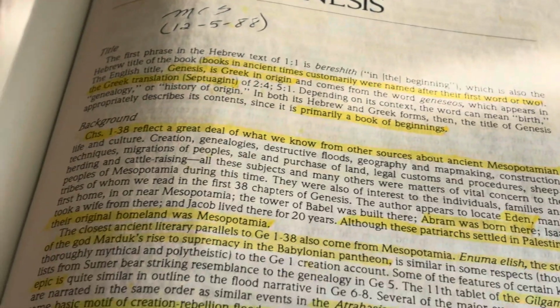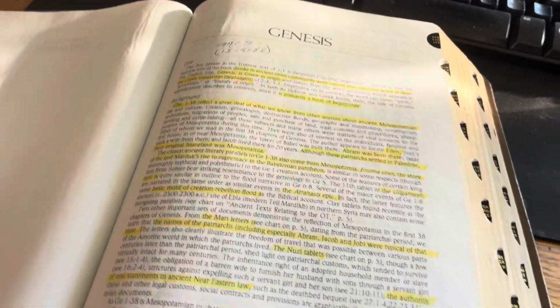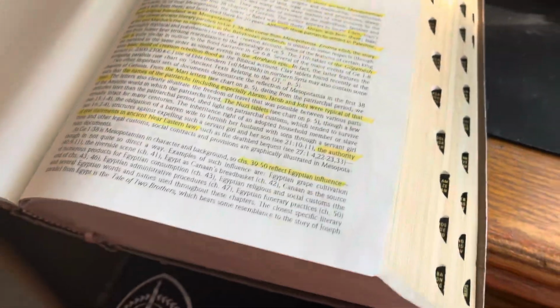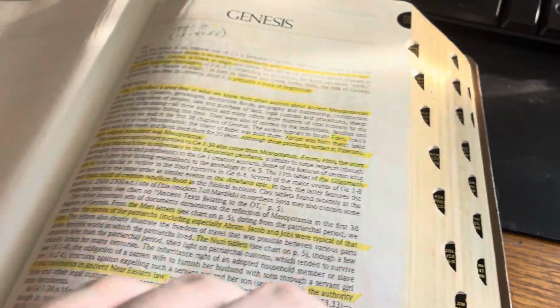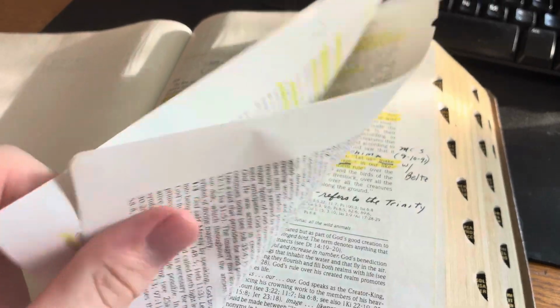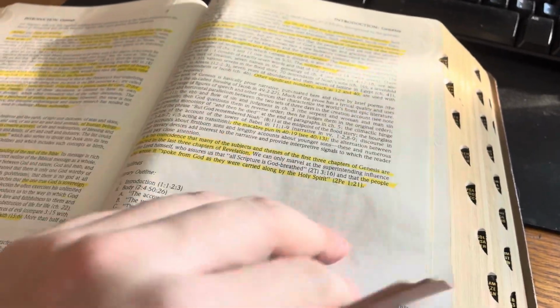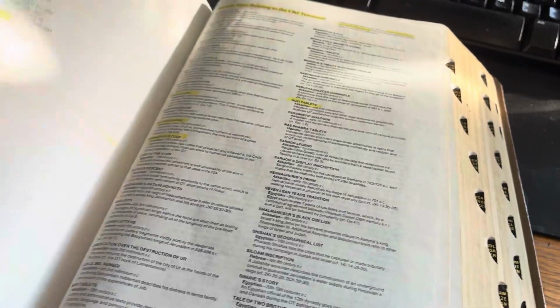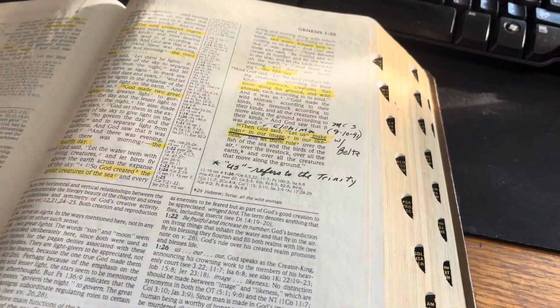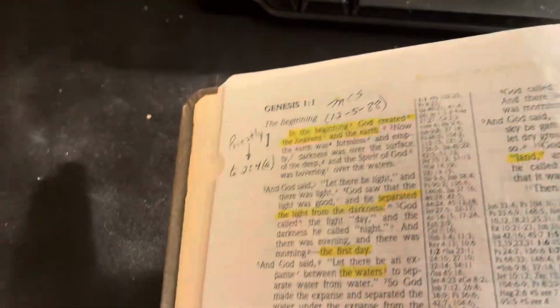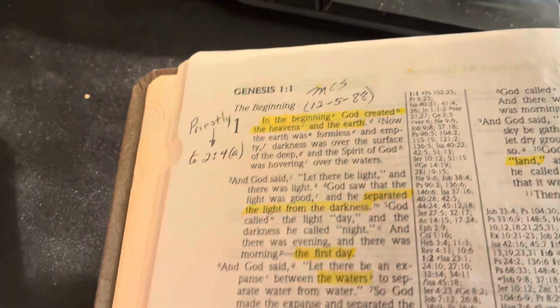You can see that he highlighted throughout. And here, and let's skip that part too. Okay. So here, let's see his first note that he made.